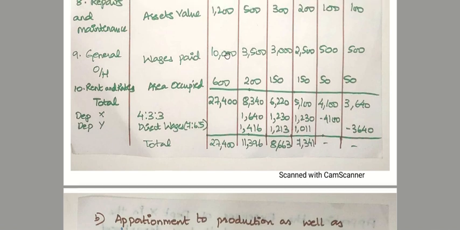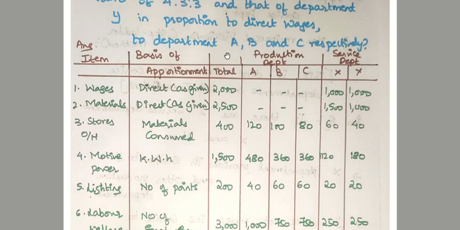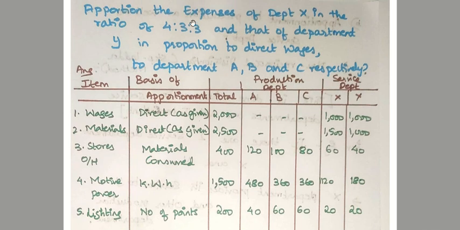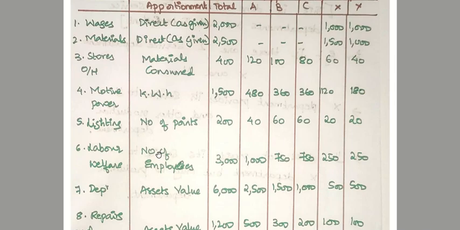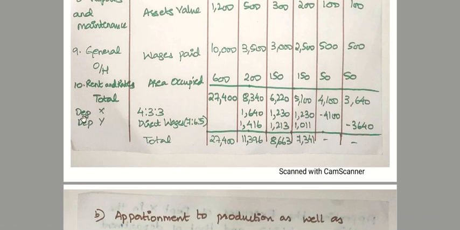3,640. If you see in the question, they have clearly told to apportion the expenses of department X in the ratio of 4:3:3 and that of department Y in proportion to direct wages. So what is the total expenses of department X? 4,100.